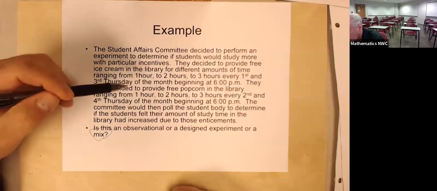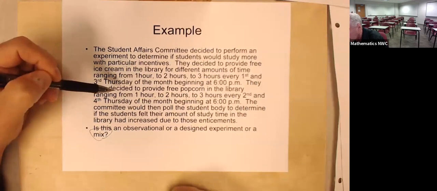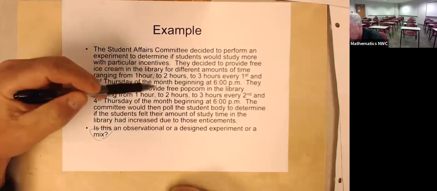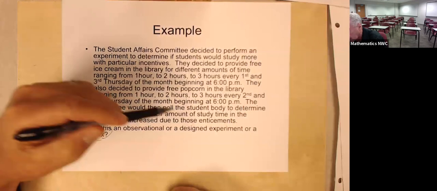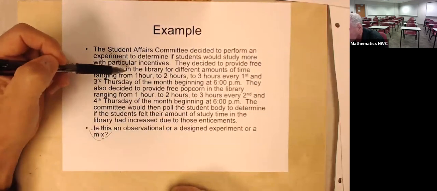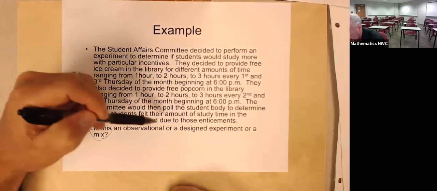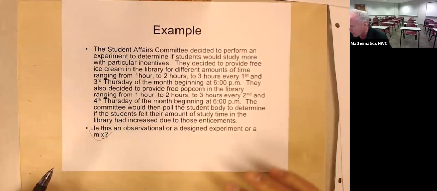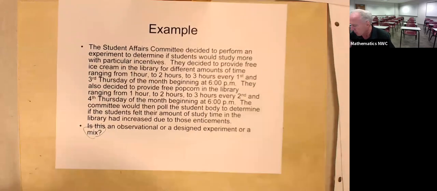We're determining when that variable is given out. We're also determining how much of the variable is given out. That's a design part. But we're not controlling who comes there on a given Thursday or a given Tuesday. That is partly observational. So this is a type of mix of the two. I'm going to come back to that one here in a moment.